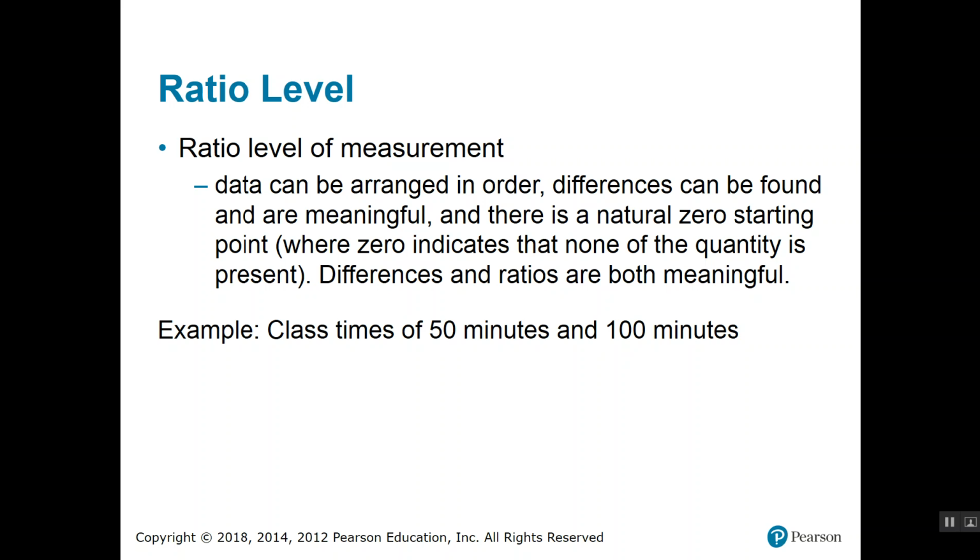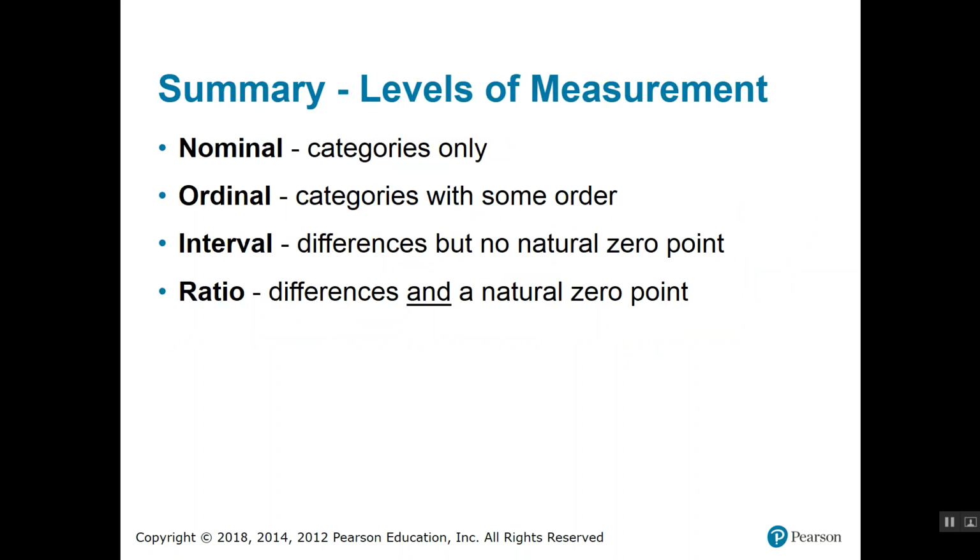If my class time is 0, I don't have a class. So my class has been canceled. That means something to me. If you're dealing with how tall you are, the difference between them means the distance in if I'm shorter or taller, or as I've grown as I've gotten older. If I'm 0, that means I haven't been conceived yet. So everything changes and everything is meaningful when we're dealing with ratio levels.